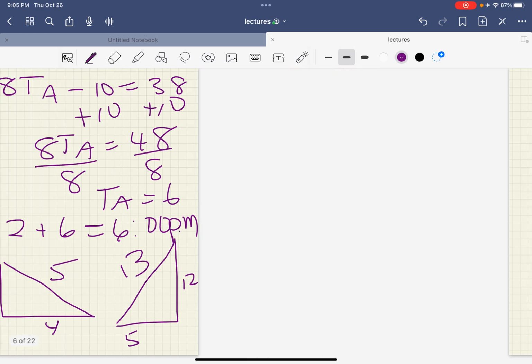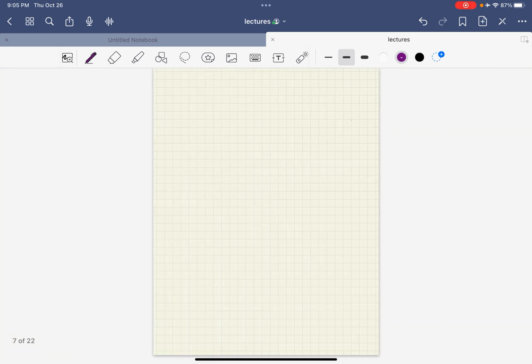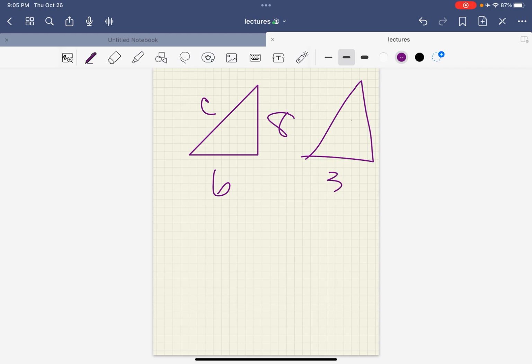The next one, that's 6, 8, and C. But remember, we've got 3, 4, 5. This is 3 times 2. That's 4 times 2. So this one is going to be 5 times 2. So C is going to be equal to 10.